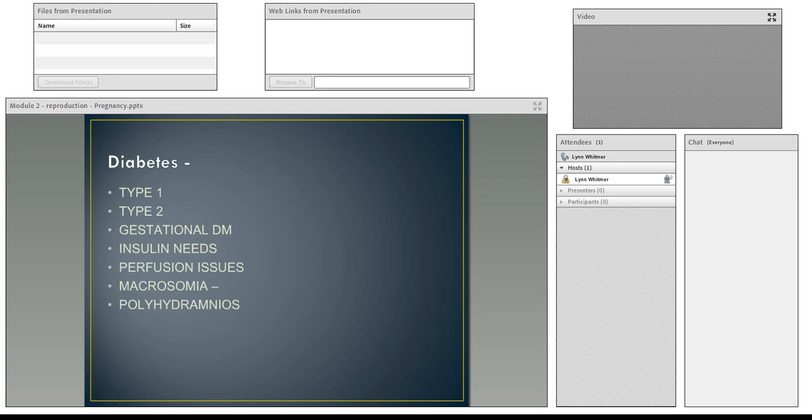Babies who are hypoglycemic are jittery, lethargic. They will go into a coma and they will die if we don't correct it. So we're very, very vigilant about any baby that is greater than 8.5 pounds or 4,000 grams. Macrosomia is defined as a baby of 4,000 grams, or 4 kilograms, I guess you could say.